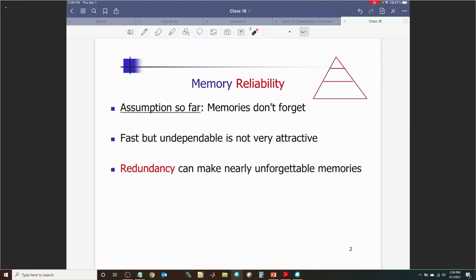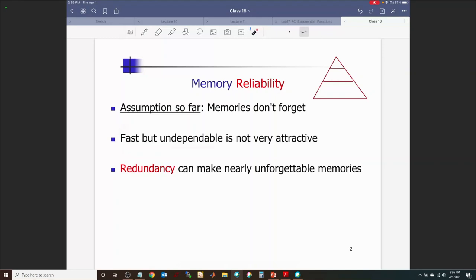So if we want a fast memory, we want a reliable memory. Even if our memory is very fast and unlimited, if it is not dependable, if it forgets, then it's not very attractive. I hope you all can relate to that.